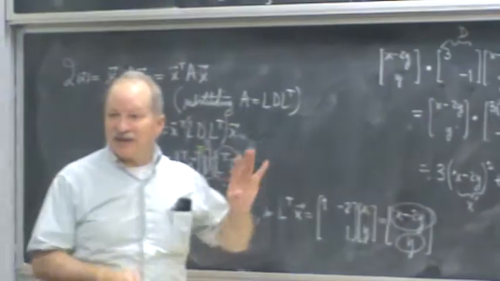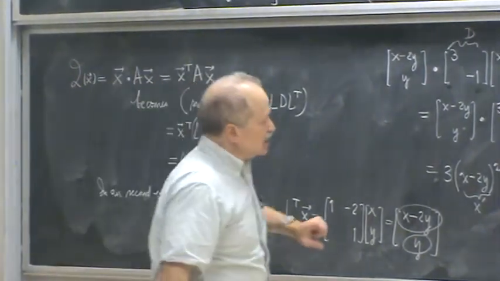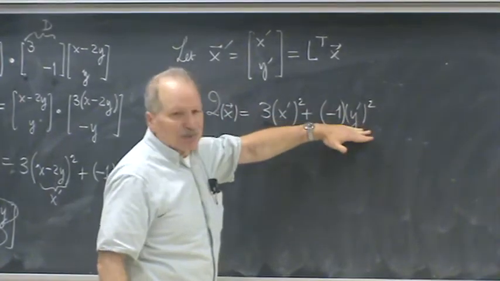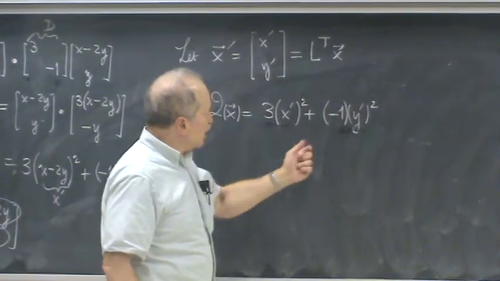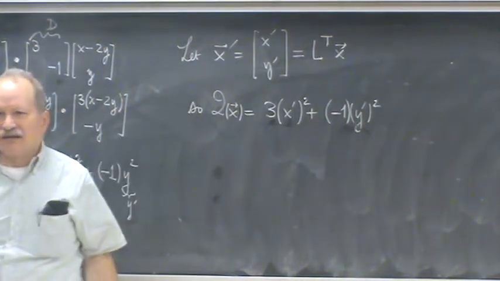So the point of completing the square is that you've separated out the mixed xy terms and you've written it just as some number of x prime squareds plus some number of y prime squareds. Looking at that, you immediately know that it's going up in this direction, going down in that direction. You understand it.